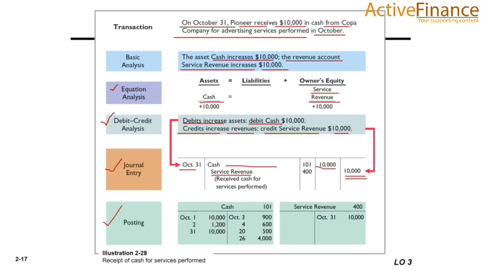In the posting process we will add the 10,000 on the debit side of the cash account, and we will open a new account titled service revenue. This is the account reference, and we credit service revenue by 10,000 because we have learned that service revenue or any other revenue increases are recorded on the credit side, that's why it will be credited.